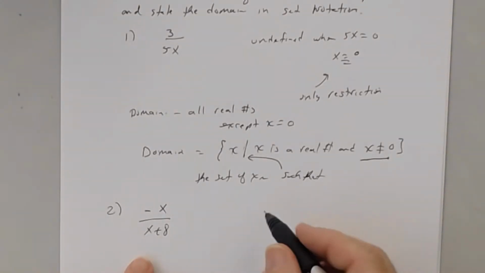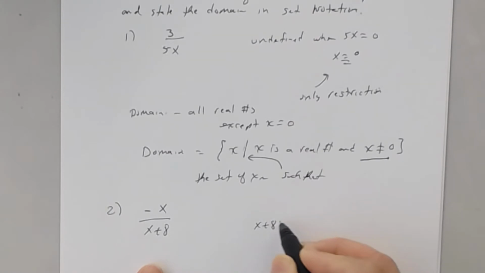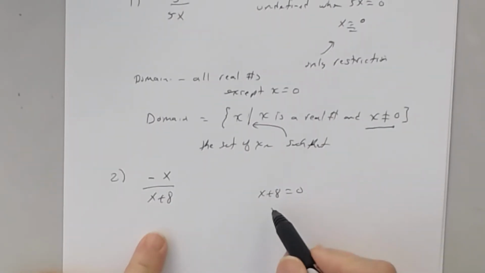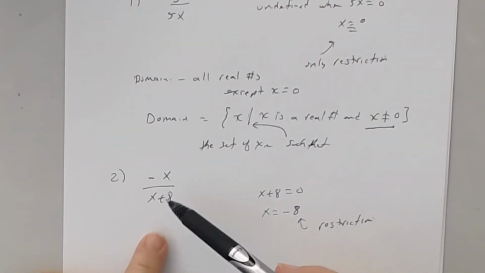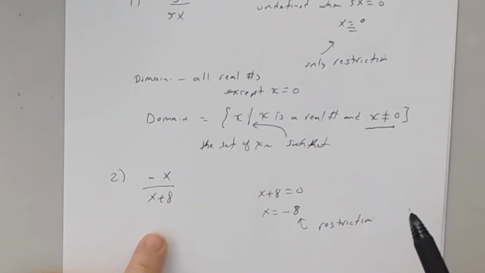Because you take the denominator, x plus 8, and you find out where that's equal to 0. So what kind of equation did I just write? Linear. So what's x equal to? Negative 8. So that's your restriction right here. That's where my rational expression is undefined.